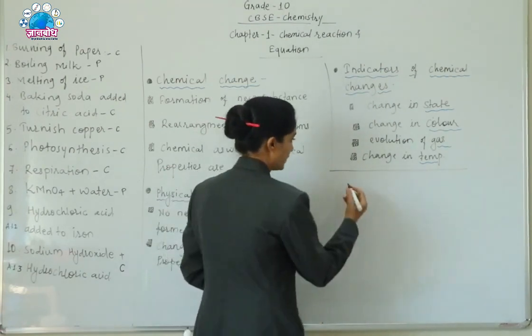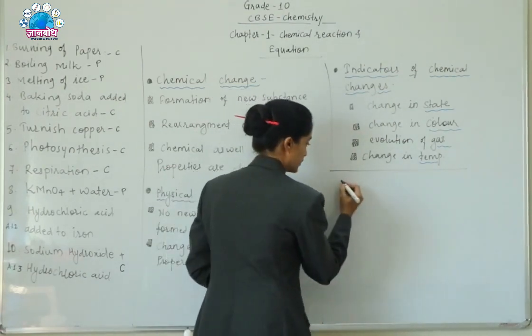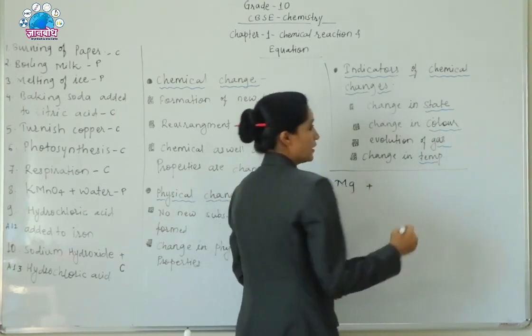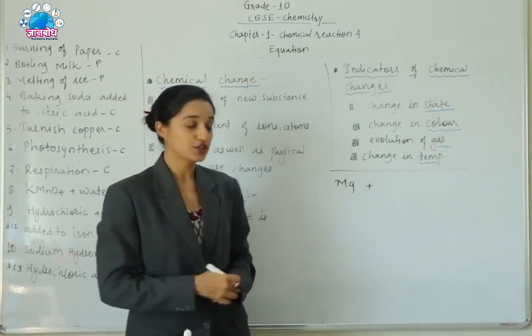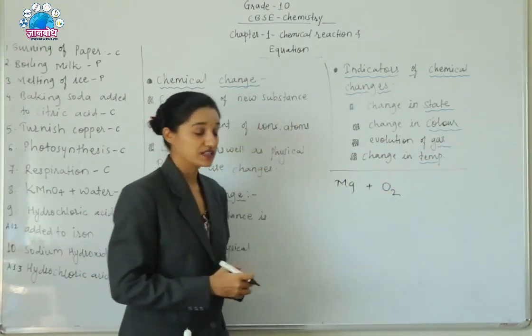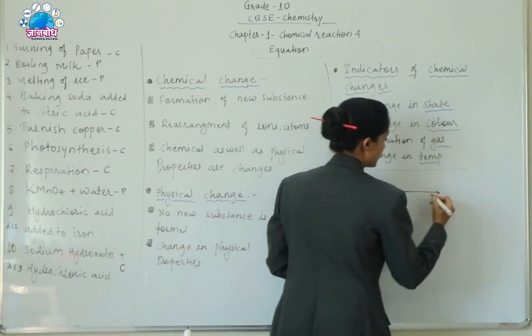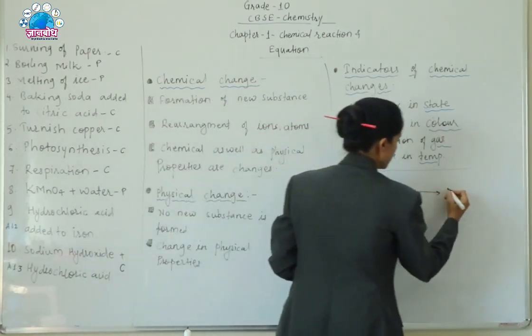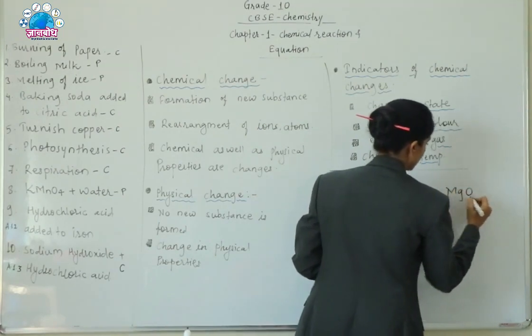Let's take an example of one more chemical reaction, that is magnesium, when it reacts with oxygen in presence of heat. We have to burn magnesium. It catches fire and turns into magnesium oxide.